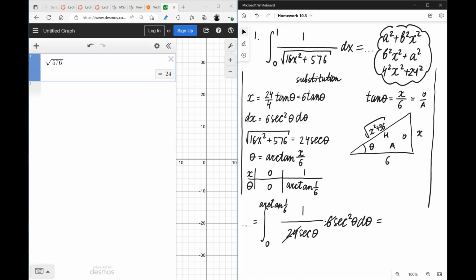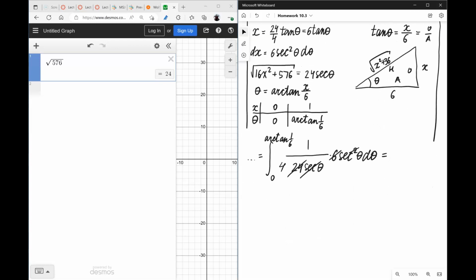So 6 and 24 cancel, secants cancel, so cleaning up this integral gives us 0 to arctan of 1/6, 1/4 outside, and the integral of secant theta is well known. So we have 1/4 ln of secant theta plus tangent theta.